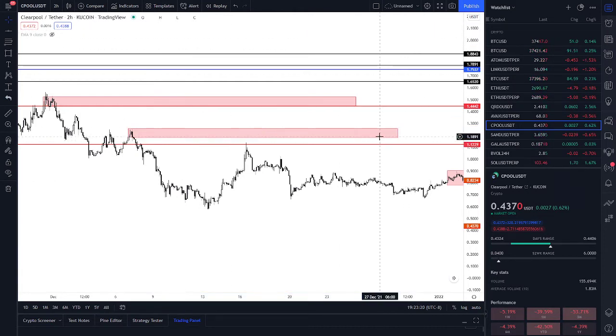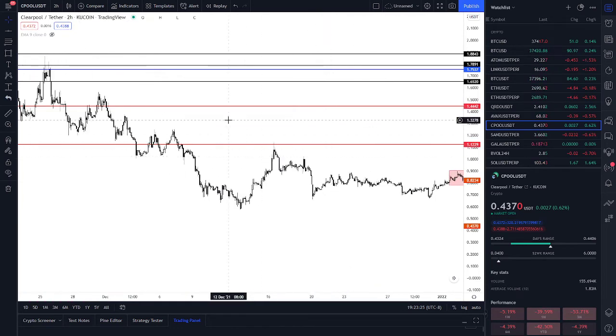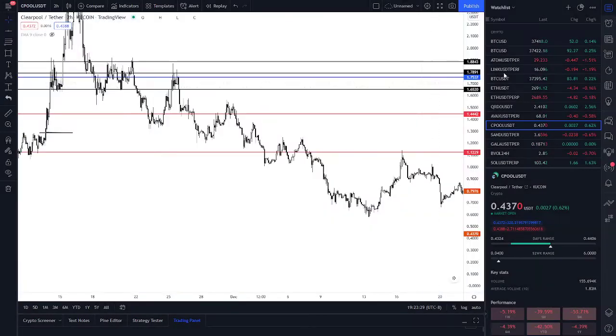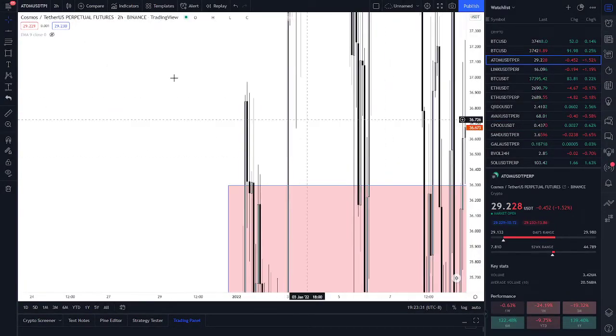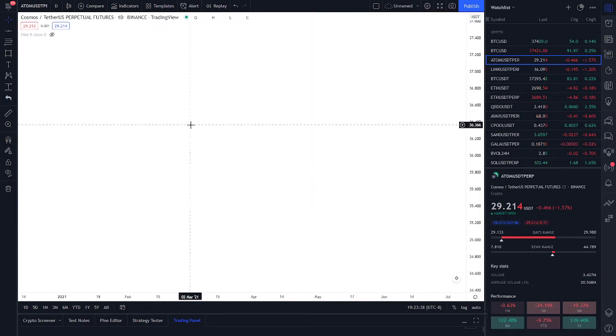But that's an example of demand and supply zone. I'll show you more on a coin that has much more data. So let's look at Atom. Where did my data go?